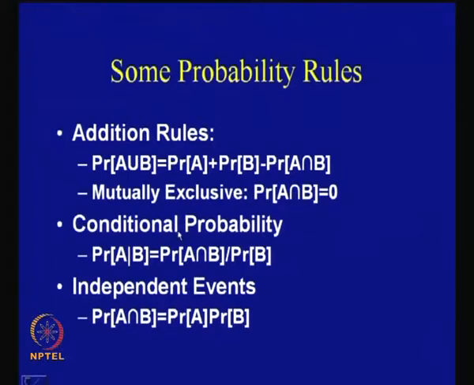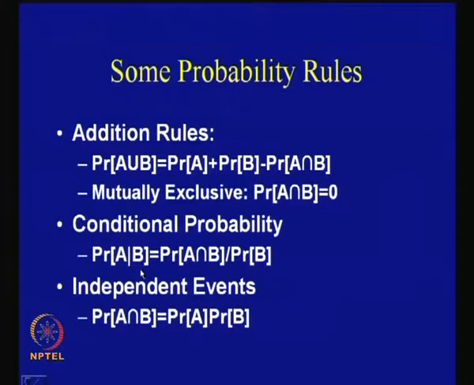Then we know the definition of conditional probability, probability of A given B. This means that the event B has occurred; if we know that, what is the probability of A? It is computed as probability of A intersection B divided by probability of B. Now if A and B are independent, what is the probability of A given B?